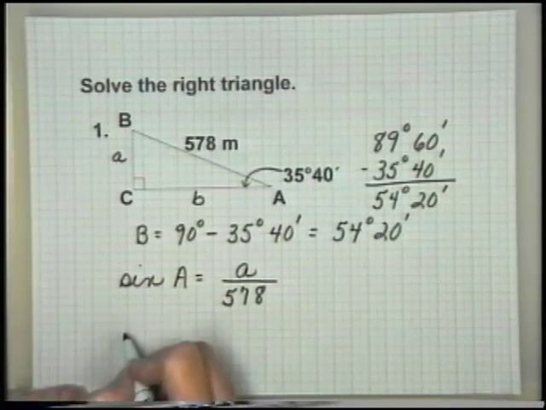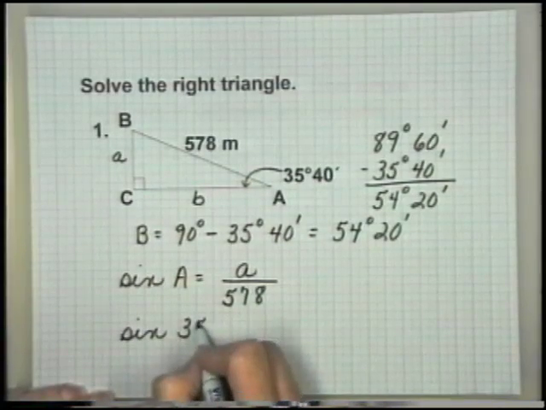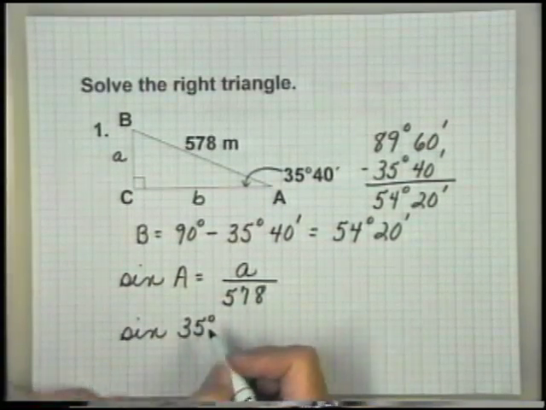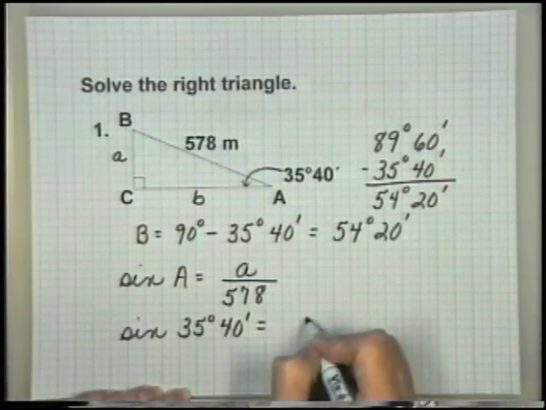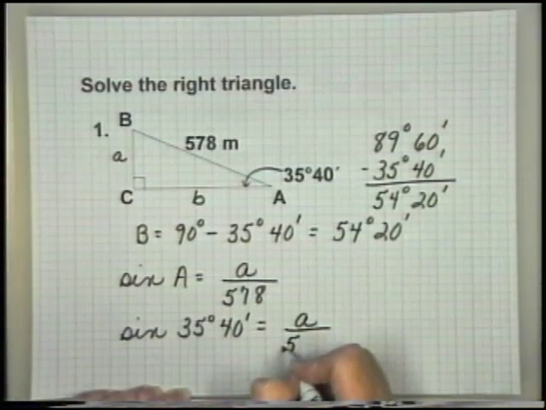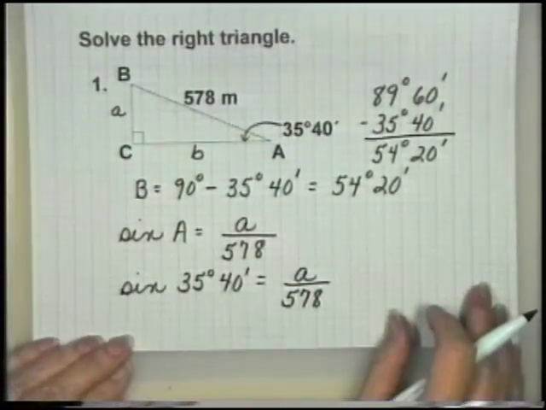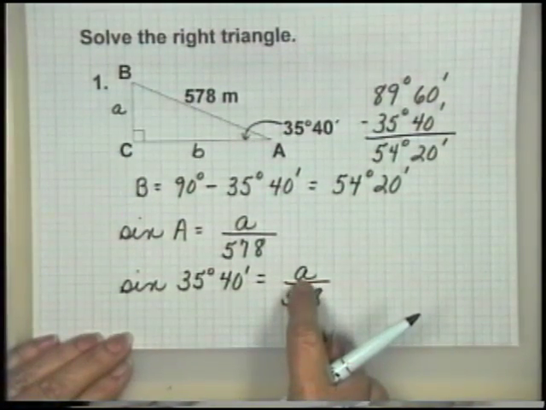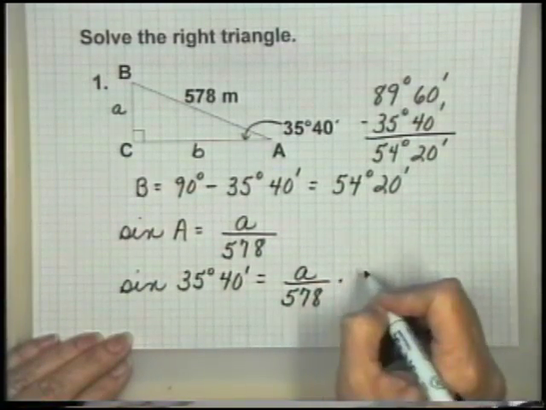So what we do here is, for angle A, we'll write sine of 35 degrees 40 minutes equals side A divided by 578. Now we want to solve for A. We will clear the denominator.